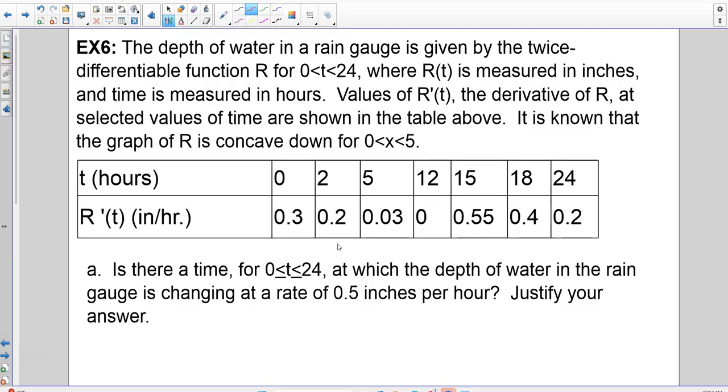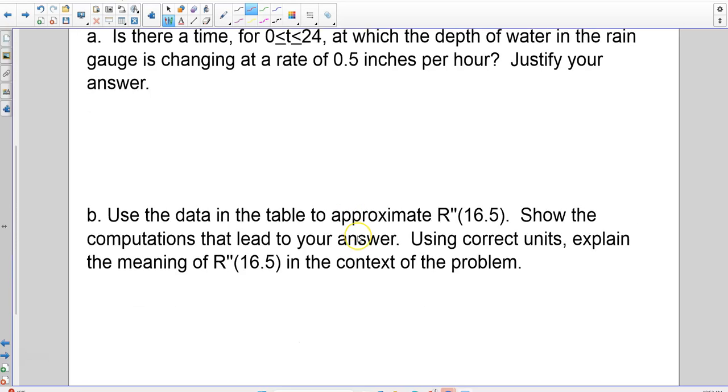Values of r prime, the derivative of r, at selected values of time are shown on the table below. I moved some stuff around. It is known that the graph of r is concave down from 0 to 5. That might be a mistake right there too.